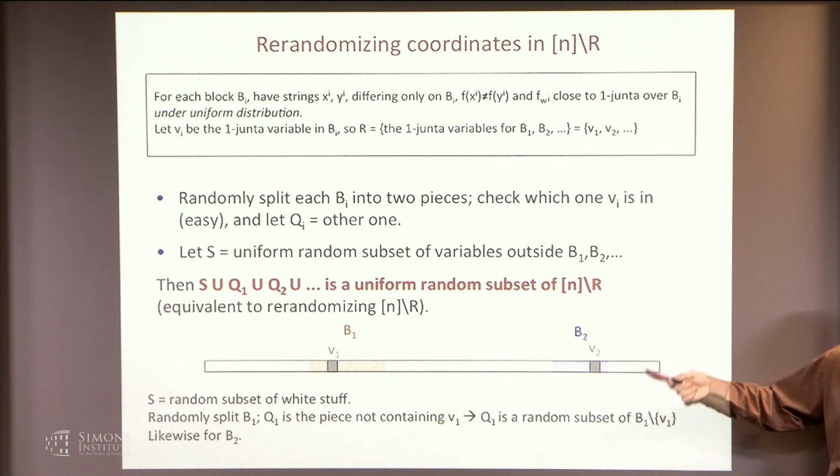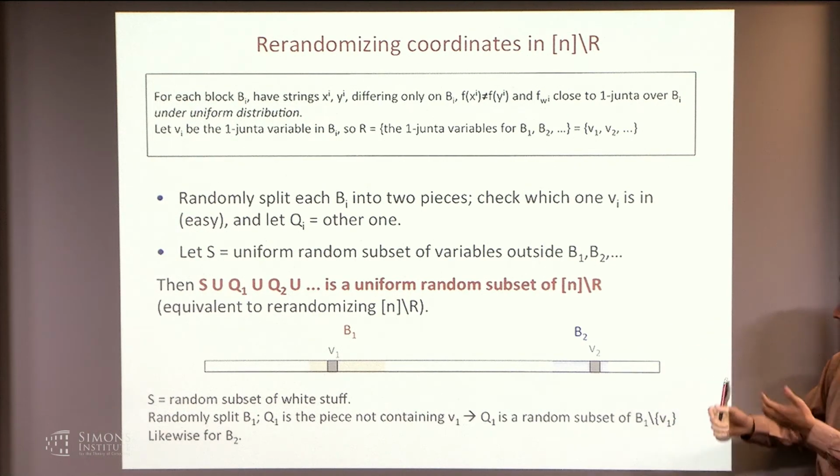You have the same thing for block 2, union everything together, and you've got exactly a uniform random subset of everything but v1 and v2. Okay? So we're able to do this key step of re-randomizing uniformly all the coordinates outside the set of relevant variables, even though we don't know what that set is.